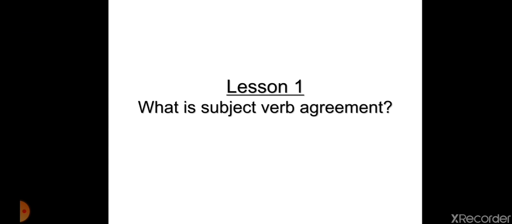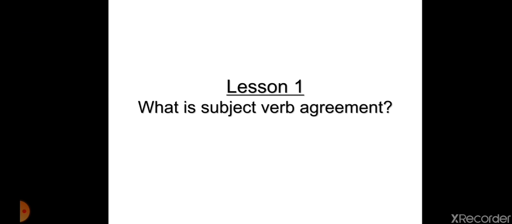So according to the characteristics, we have to choose the form of the verb. Generally, a verb denotes an action, profession, or a state, and the characteristics are what we call the tense.